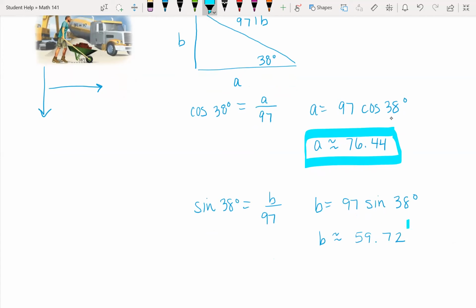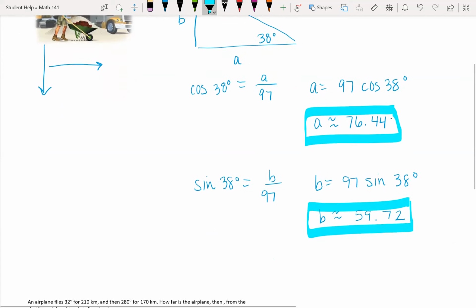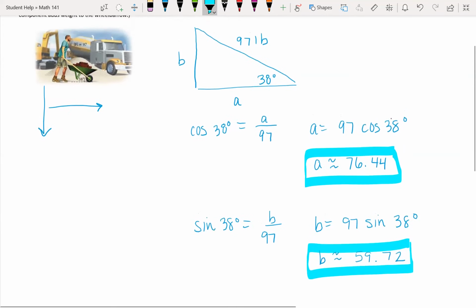So what does that mean? That means that the amount of force being used to push the wheelbarrow forward is this 76 pounds. And the amount that is being pulled downward is 59 pounds.